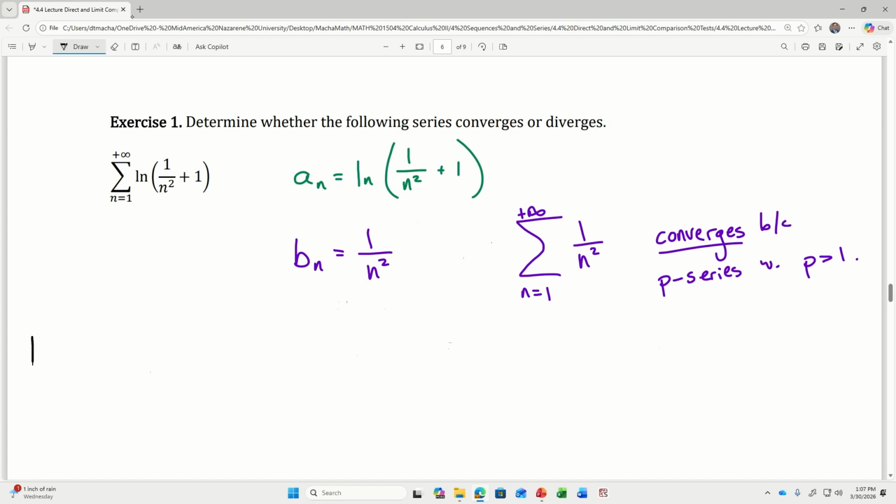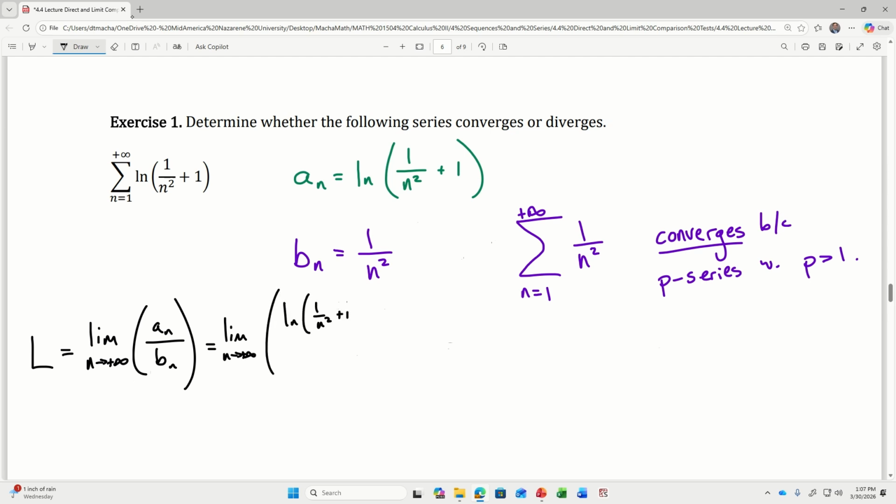Instead, let's use the limit comparison test. And the limit comparison test says, let's take the limit as n approaches infinity of the ratio an divided by bn, and that would be the limit of natural log of 1 over n squared plus 1, divided by 1 over n squared.